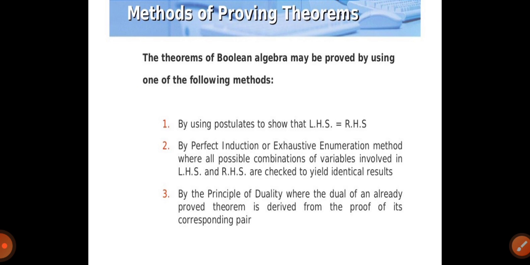Methods of proving the theorems: by using the postulates, show that LHS equals RHS, left hand side equals the right hand side. By perfect induction or the exhaustive enumeration method, where all the possible combinations of variables involved in the LHS and the RHS are checked.